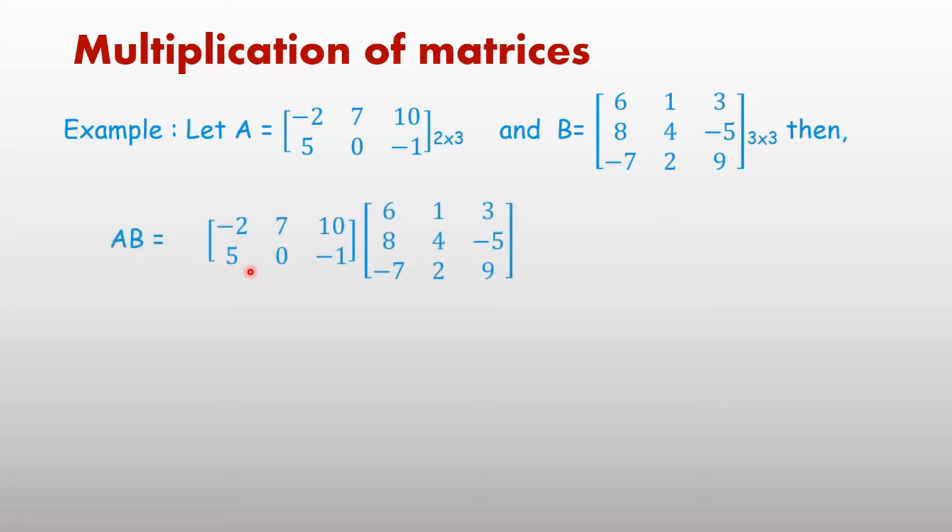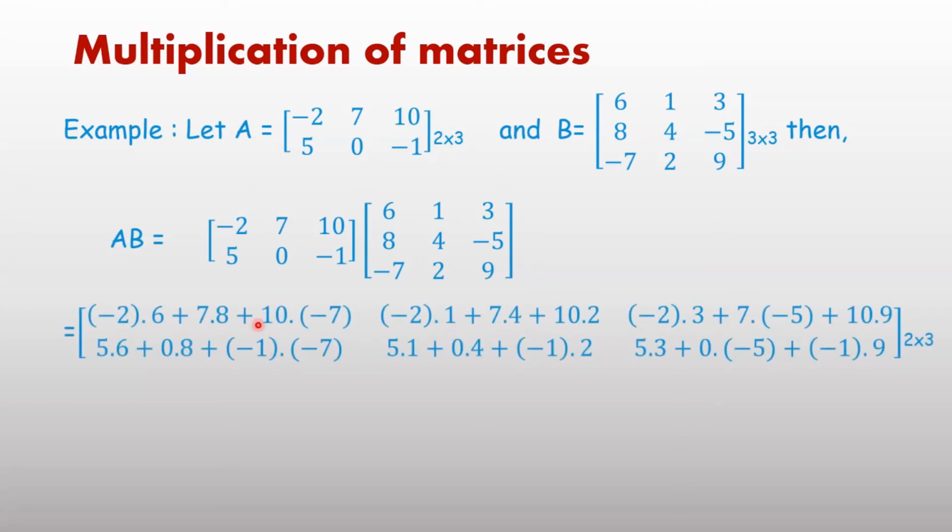Now AB: first matrix, second matrix. In the resultant, the first row multiplied with the first column gives the first element: minus 2 into 6 plus 7 into 8 plus 10 into minus 7.